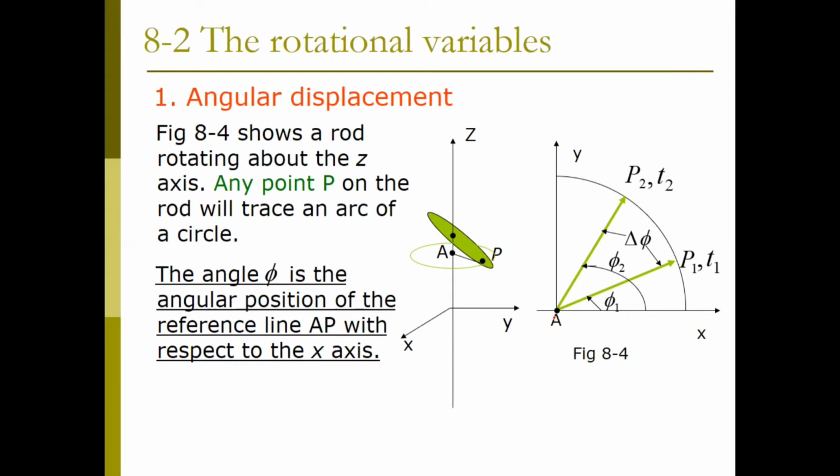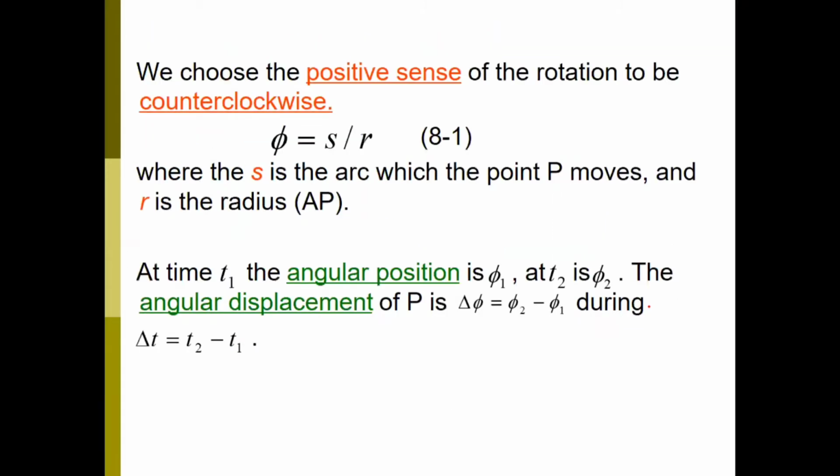So we get this up to here. So this is our reference line AP, with respect to the x-axis. So this is AP with respect to x-axis. We choose the positive sense of the rotation to be counterclockwise.